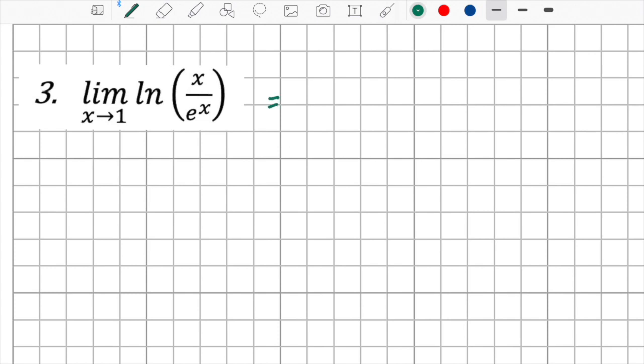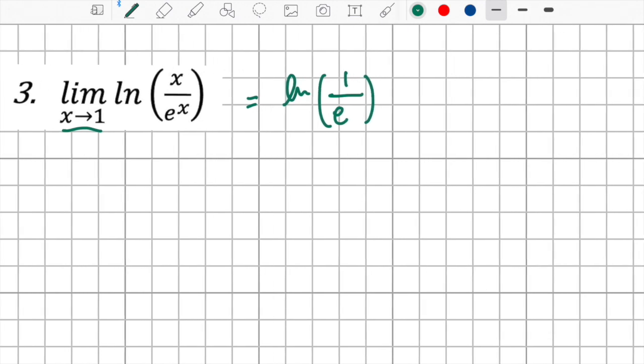Okay, example number 3. Let's do it again. Plug it in. So if I plug it in, we have natural log of, so x is approaching 1, so that means the x becomes a 1. This one becomes just e. So we have 1 over e. What we can do here is rewrite it as natural log of e to the negative 1.